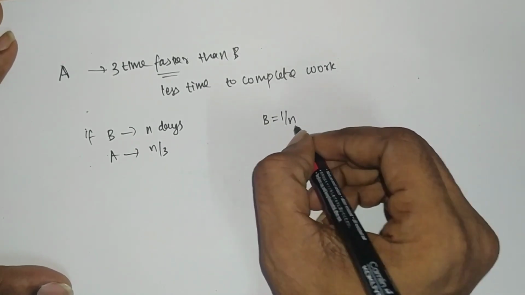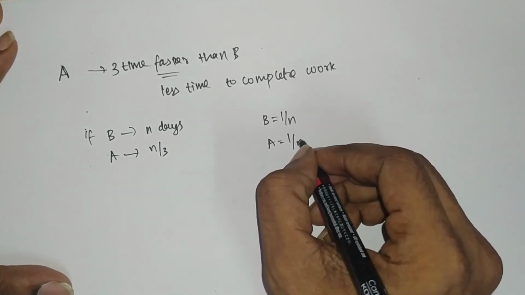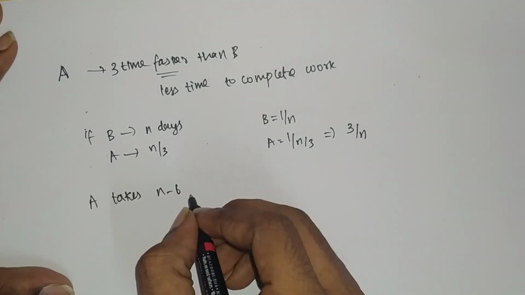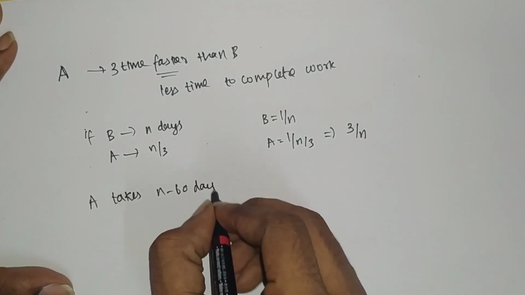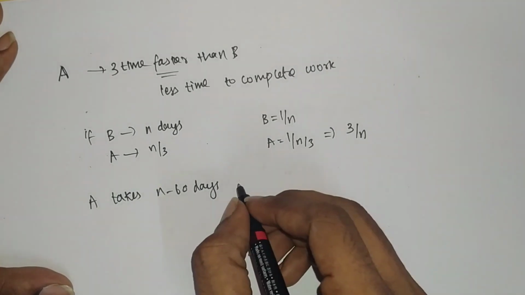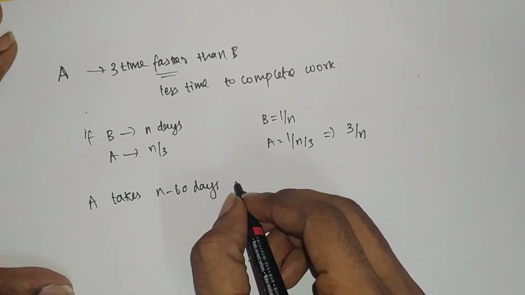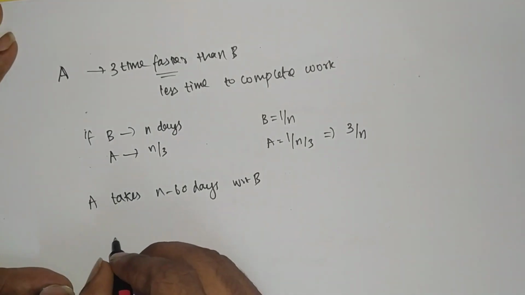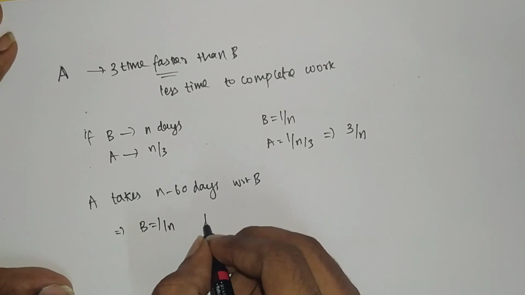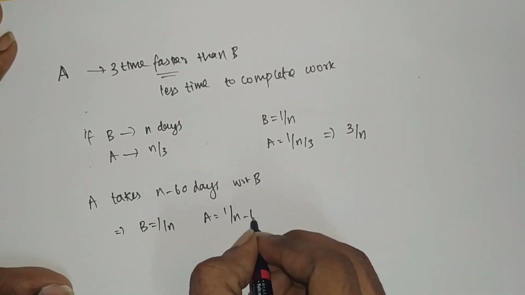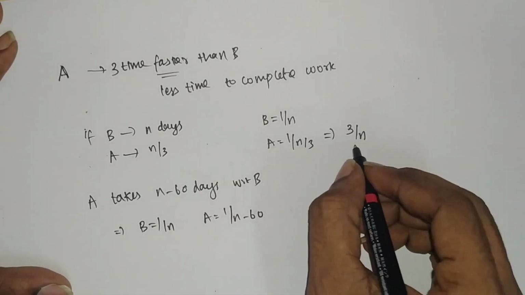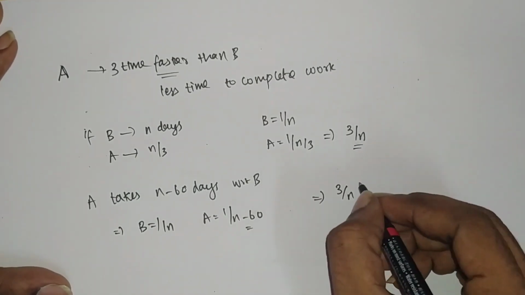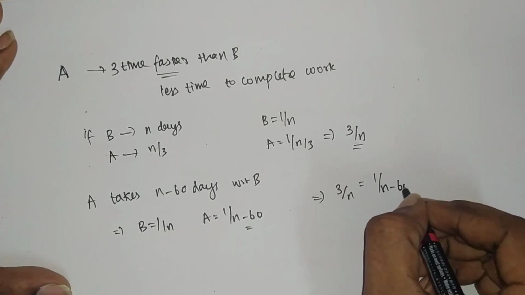Which means B equal to 1 by n, A equal to 1 by n by 3, which is 3 by n. We also know A took n minus 60 days to complete the same work as B. Which means B equal to 1 by n, A equal to 1 by n minus 60. We know already A equal to 3 by n. So 3 by n equal to 1 by n minus 60.